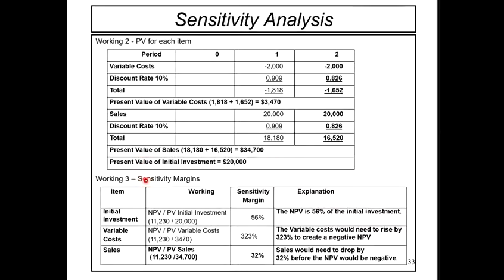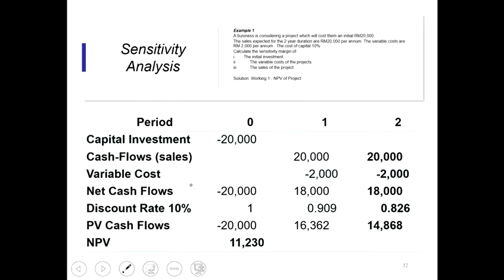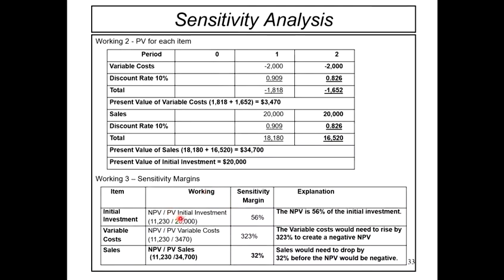Next, only kita boleh kira sensitivity margin, sensitivity analysis, iaitu NPV bagikan dengan PV of the variable cost lah. Okay, so first kita akan kira untuk initial investment. So kita ambil NPV value yang step 1 kita kira ni, iaitu 11,230. You akan bagikan dengan PV of the initial investment, iaitu 20,000.